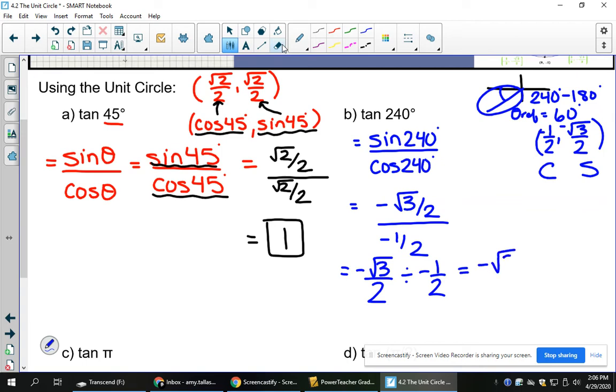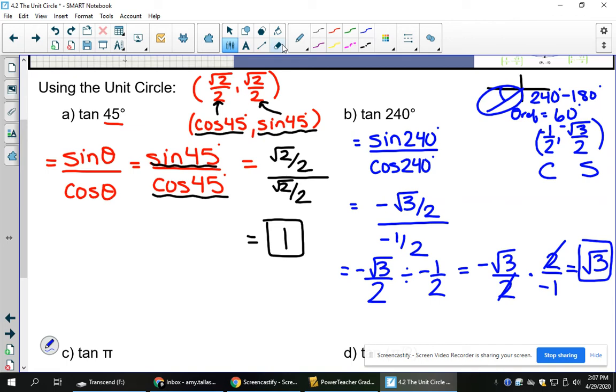Then I remember from grade 7 that division of a fraction is multiplication of the reciprocal. So I change it to multiply. I flip the second guy. I notice that 2 negatives will cancel. I notice that a 2 on top and bottom will cancel. And I end up with the value of root 3.